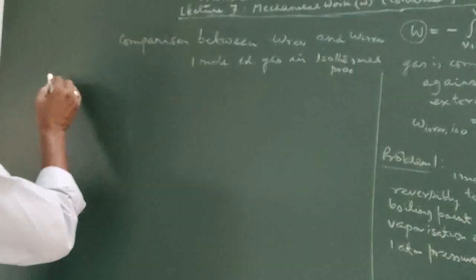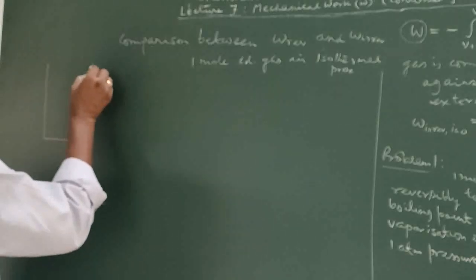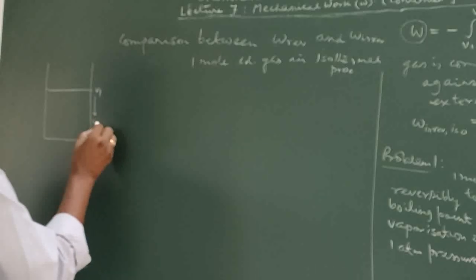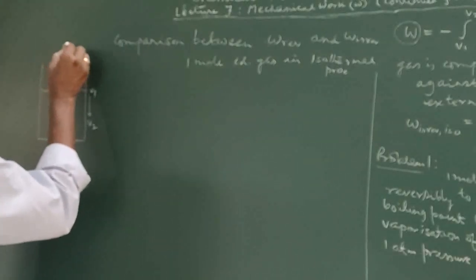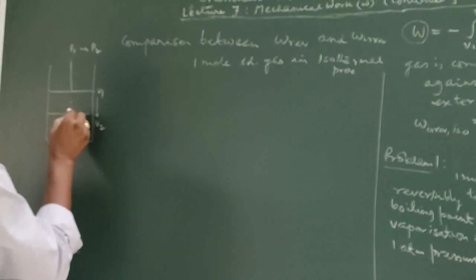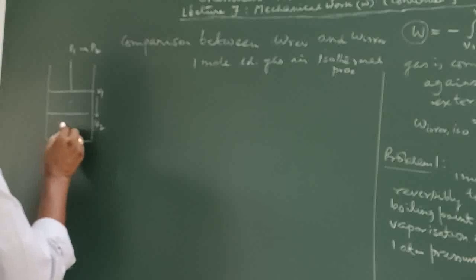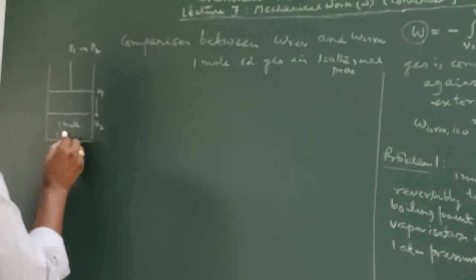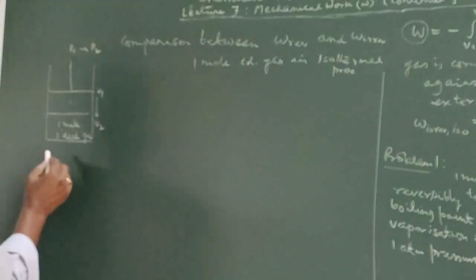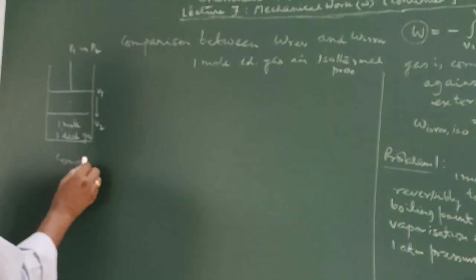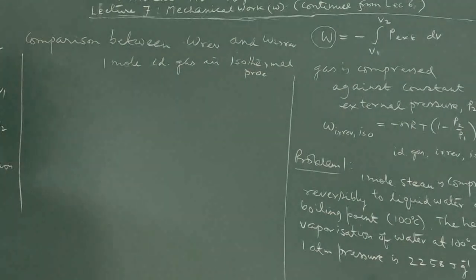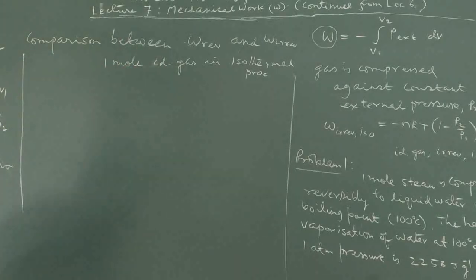This is the system, and it is V1 and compressed to V2, and it is P1 and goes to P2. Here 1 mole ideal gas. So it is a case of compression of this 1 mole ideal gas in irreversible and reversible processes.